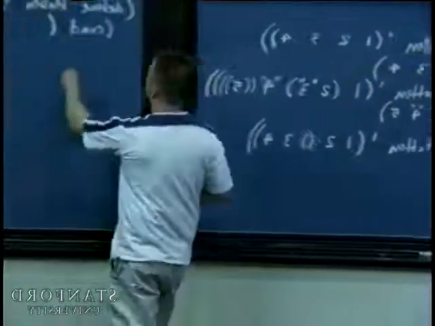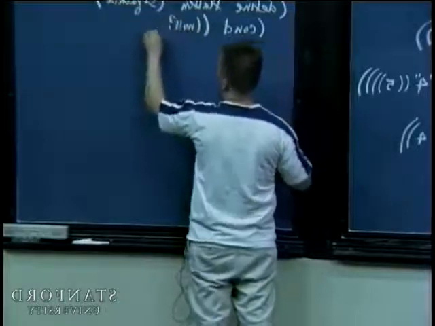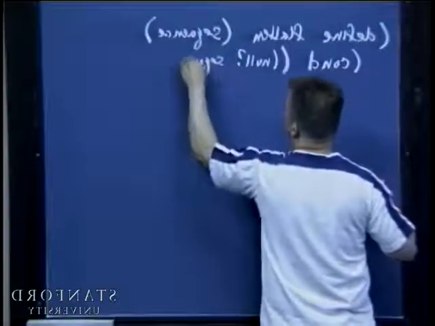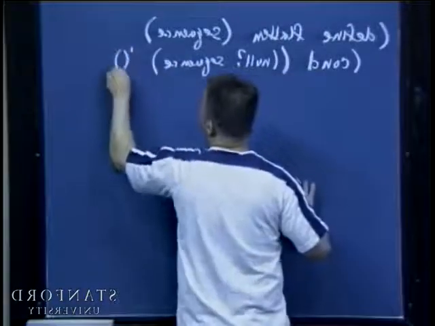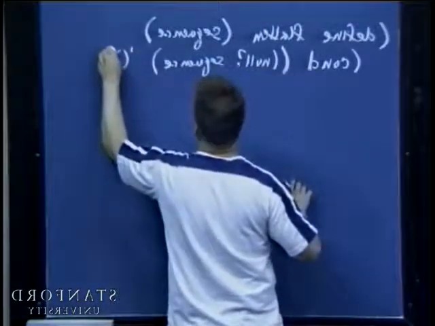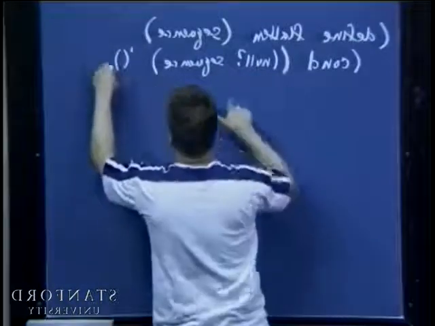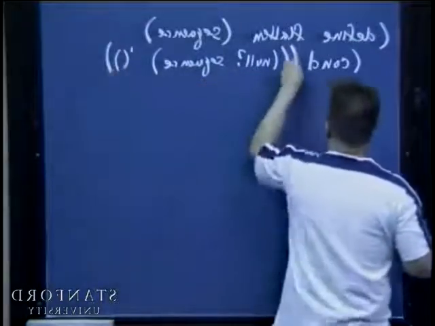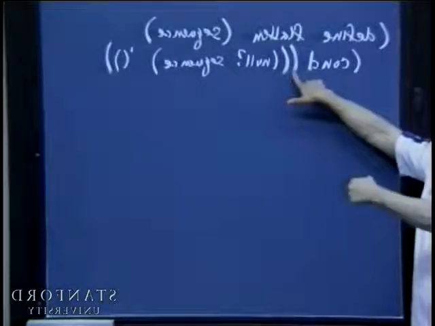So what I would do up front is ask whether or not the sequence is null. And if that is true, then the entire cond should evaluate to this thing right here. So that ends the pair. This opens up the list of pairs.